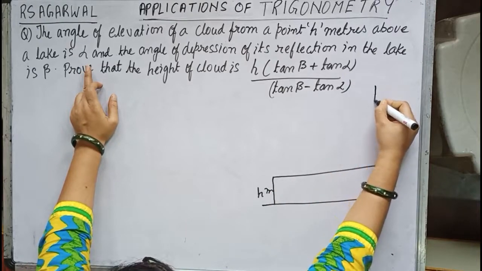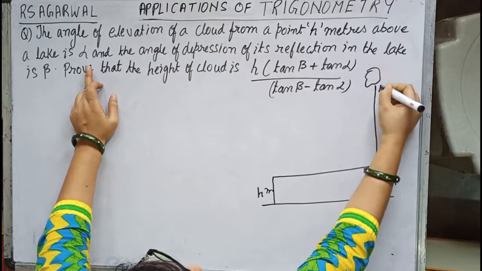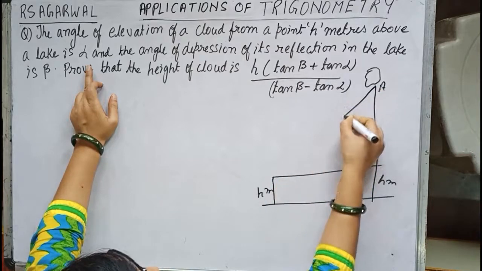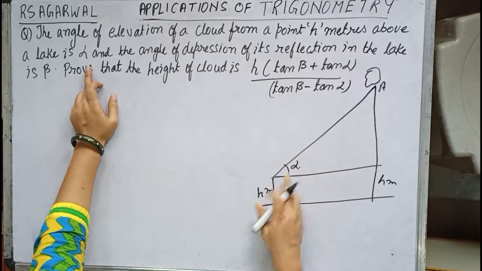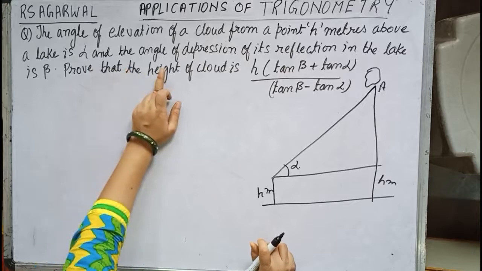So let us suppose the cloud is here, at position A. A person is over here observing the cloud, and the angle of elevation of the cloud for this person is alpha, and the angle of depression of its reflection.